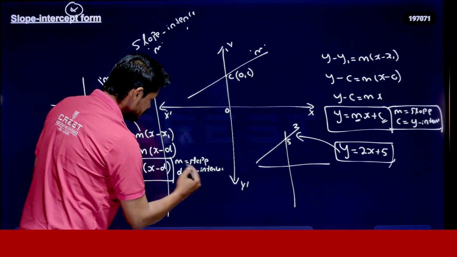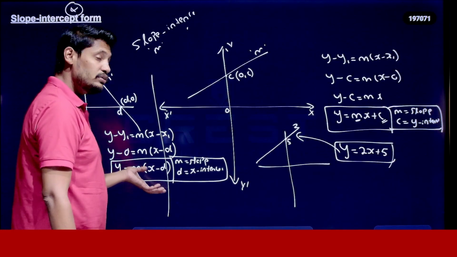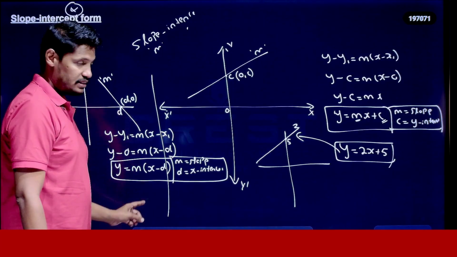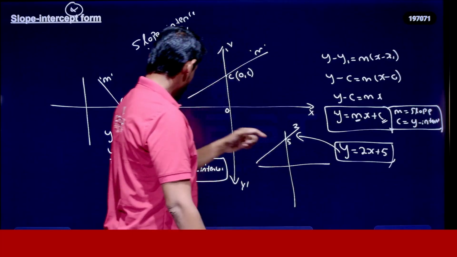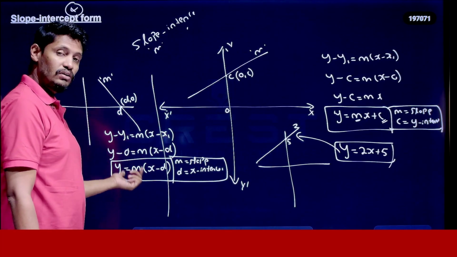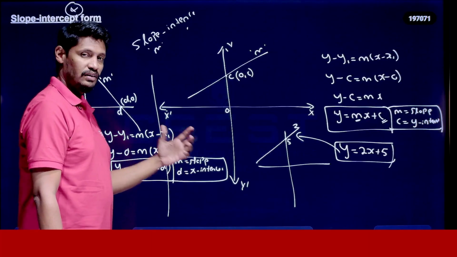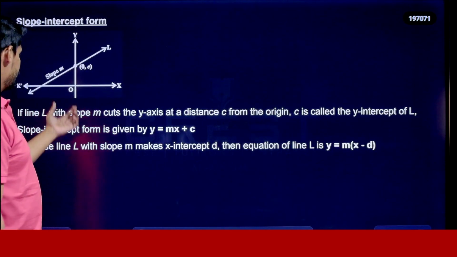If x-intercept is given, we can apply this equation. So don't confuse, one is y-intercept and the other one is x-intercept. If y-intercept is given, the equation is y equal to mx plus c. If x-intercept is given, the equation is y equal to m into x minus d. Fine. You can find the definition here.